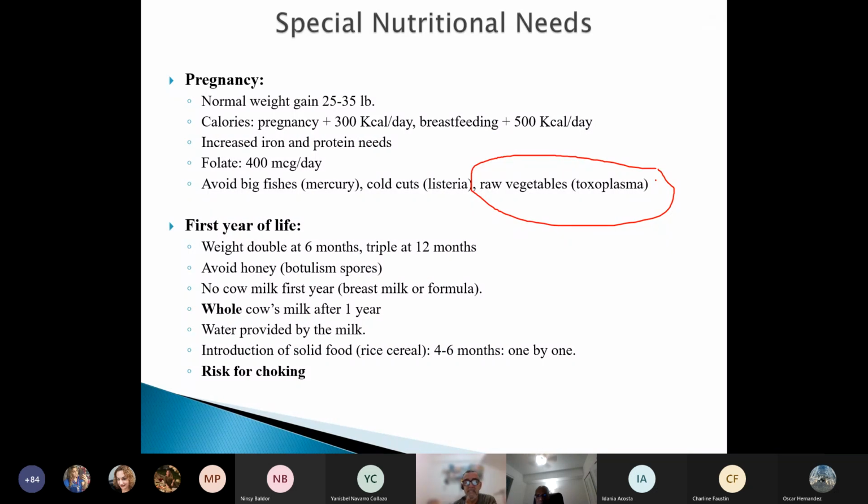But if this disease occurs at any moment of the pregnancy, and more importantly in the first 20 weeks when organogenesis is happening, it can produce destruction of the brain and of the retina of the fetus, not the pregnant woman. The pregnant woman has no problem. It's the fetus.